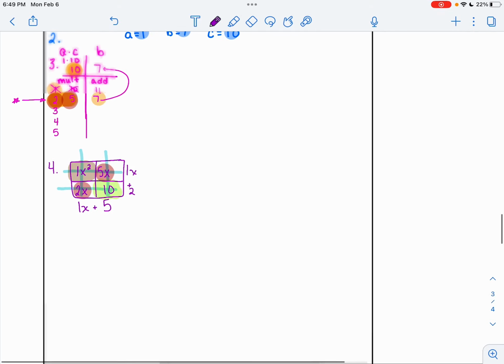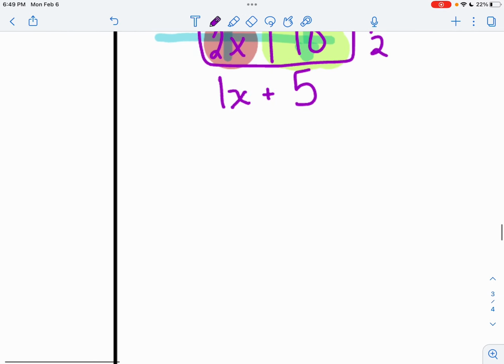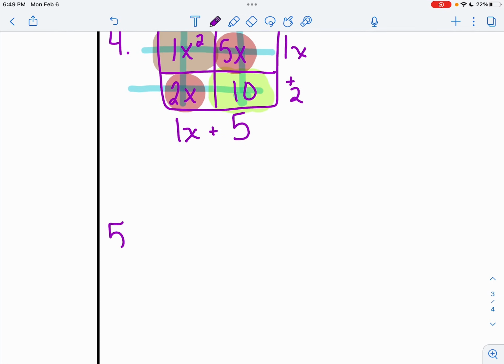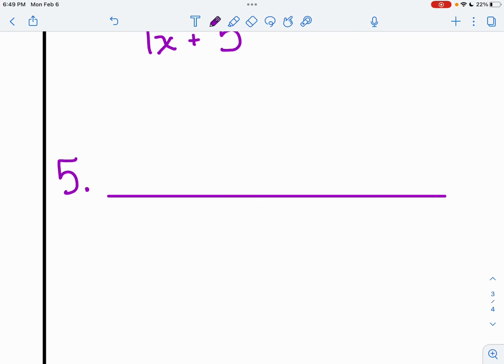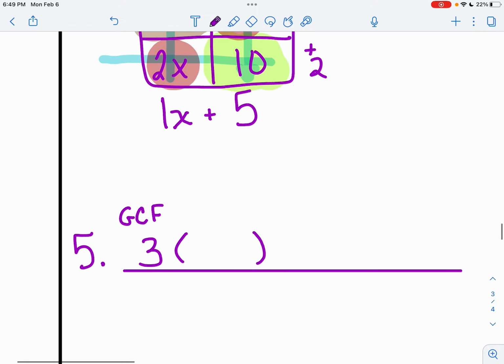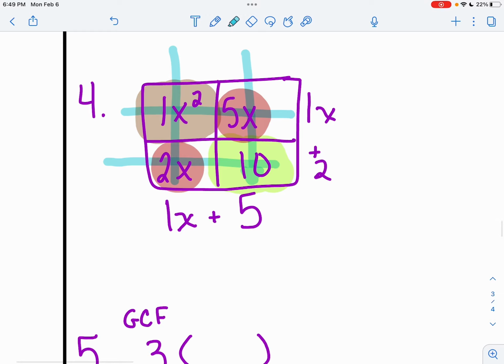It is now time for us to write our final answer. So what are the factors of that original polynomial? Great question. Well, the first factor was our GCF of 3. Our second factor is either one of these 2 items that I am currently going to highlight in purple.